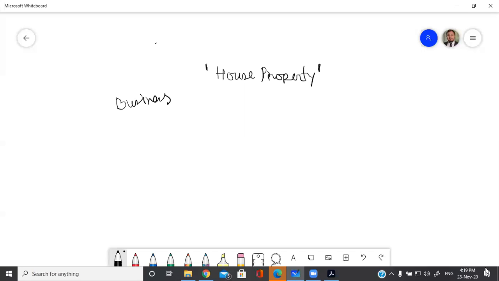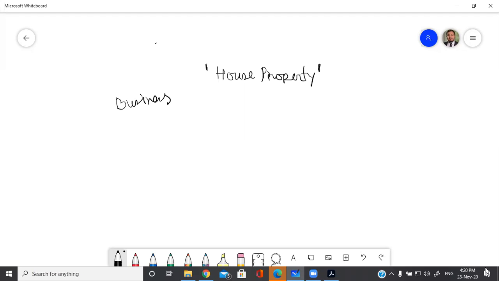Say you couldn't manage any tenant to live in your house property, but you are maintaining the expenses. You have some fixed expenses for your house property. The portion in which you are living is not the source of your income.